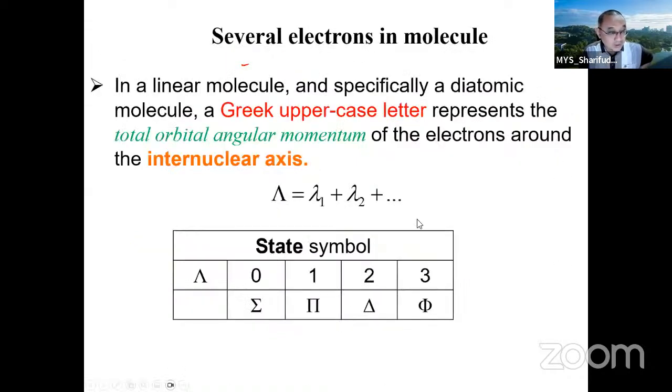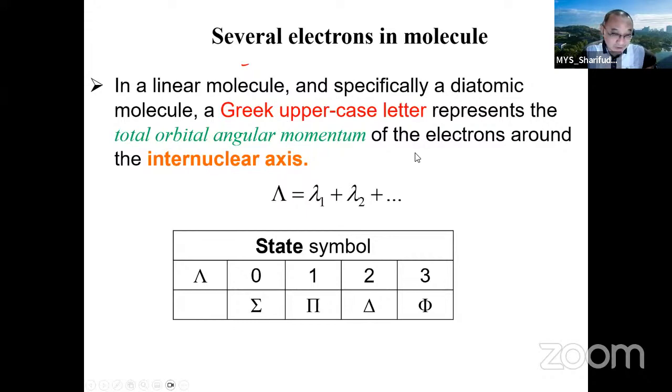Okay, so different symbols are used. We have the total orbital angular momentum, yeah, but this time it's not the total orbital angular momentum as in atoms, but rather the total orbital angular momentum around the internuclear axis.